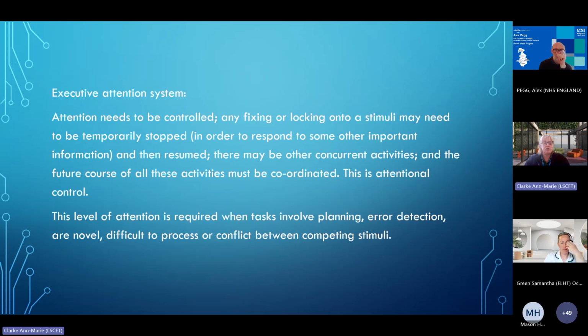So you've got that attentional control to be able to move through that attentional ability. This level of attention is required when tasks involve planning, error detection, novel or new learning tasks, things that are difficult to process, or conflict between competing stimuli. That's where we class divided attention. Your brain needs to be able to concentrate on more than one task at the same time.